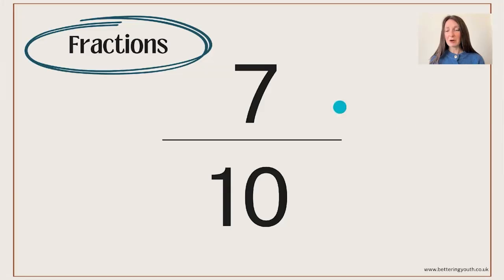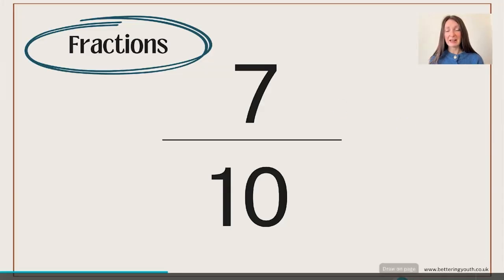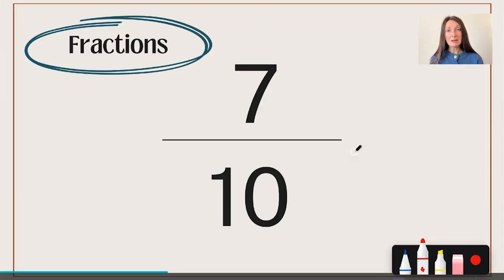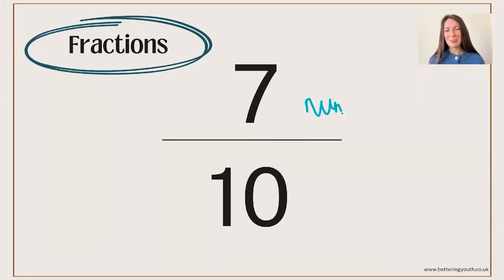The first thing that we want to ensure is an understanding of what each part of our fraction is called. Now, I've already mentioned it, but as a reminder, let's see if you can remember. What is the top digit of our fraction called? If you said numerator, you are right on the money, a numerator.